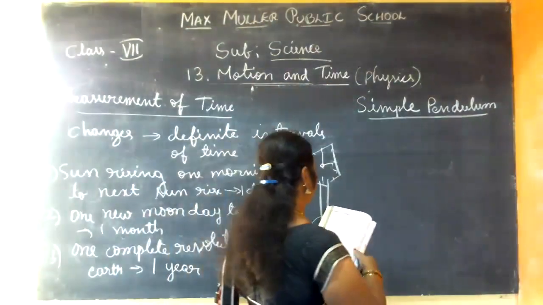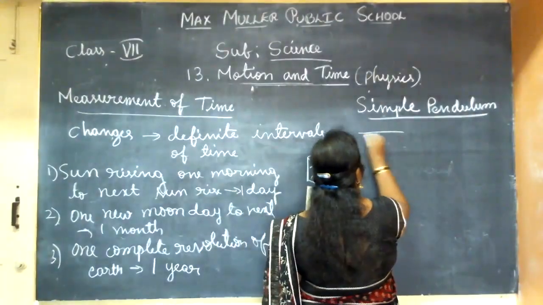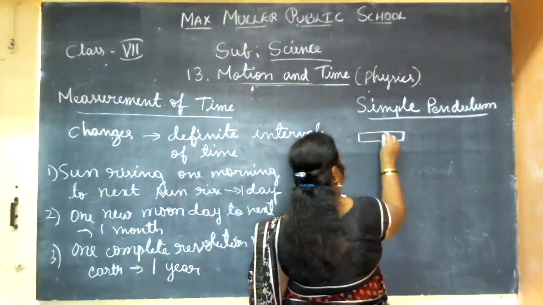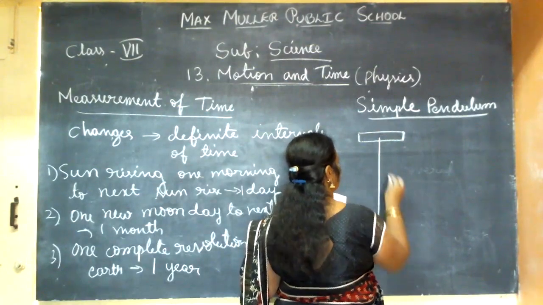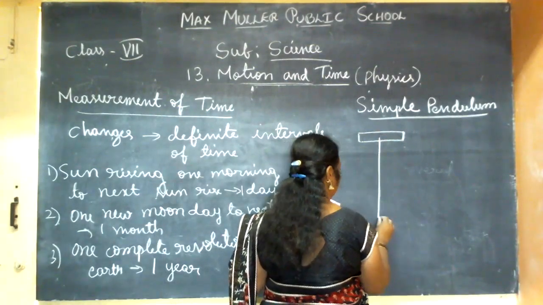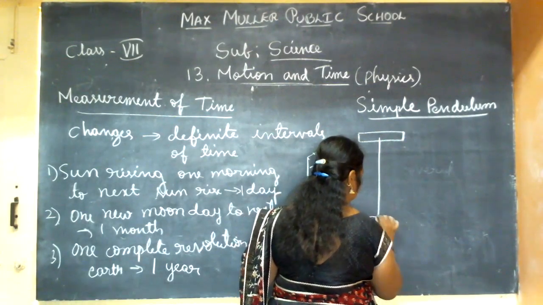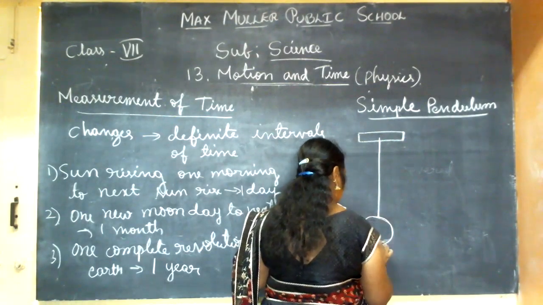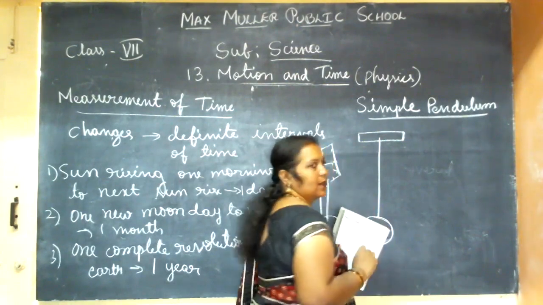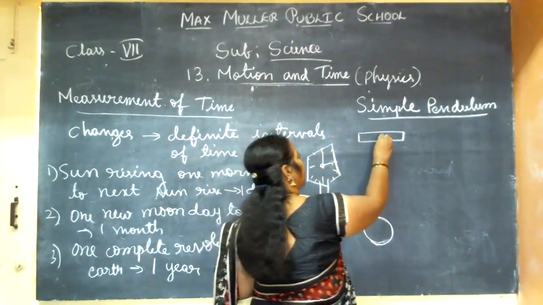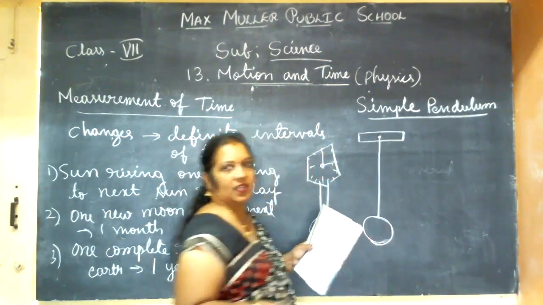Simple pendulum means this is a ball for which we have tied a thread, or any heavy object, a stone or ball-like structure. That is what we consider a simple pendulum. Here it is fixed to the wall. Understand?